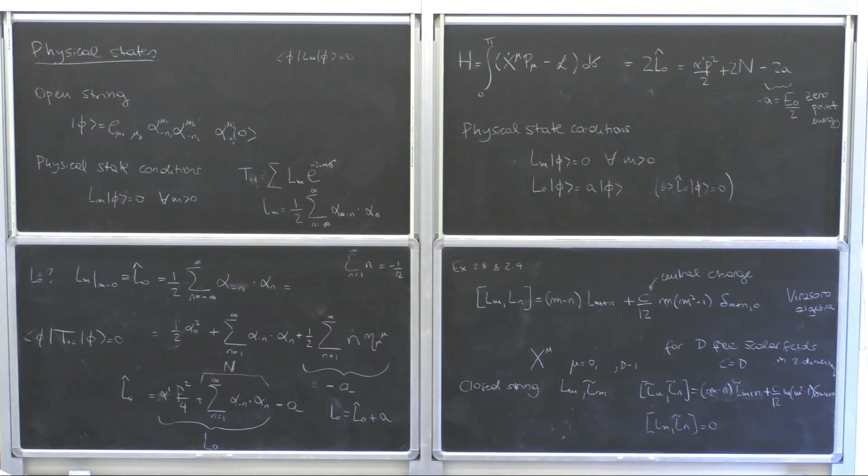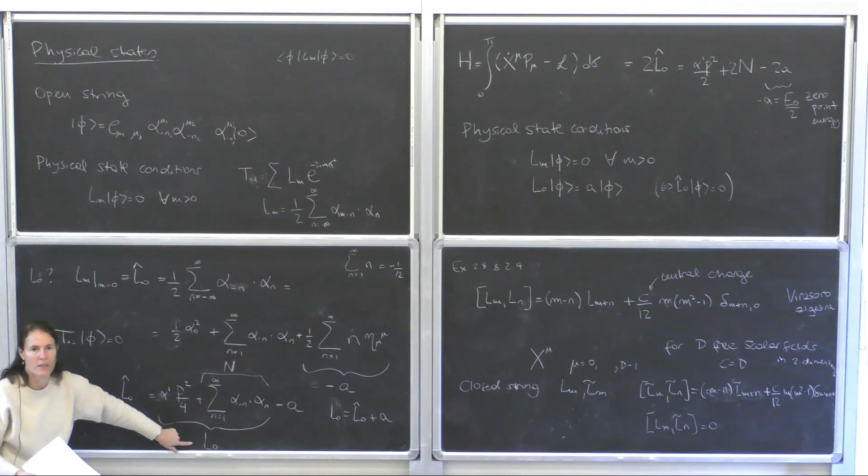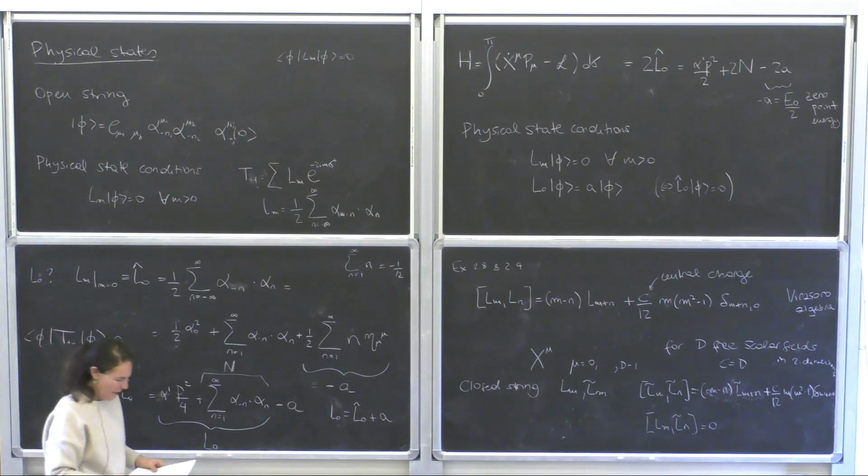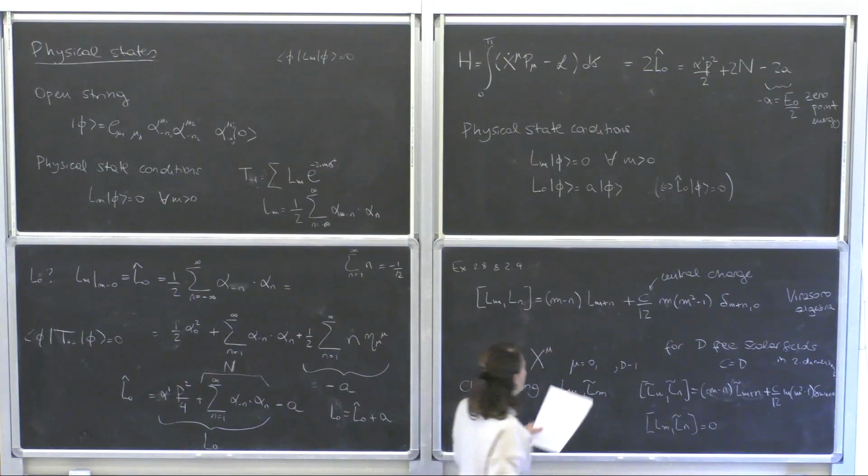So the L0 hat is not normal ordered. The one that is normal ordered is L0. So there's the exercise.